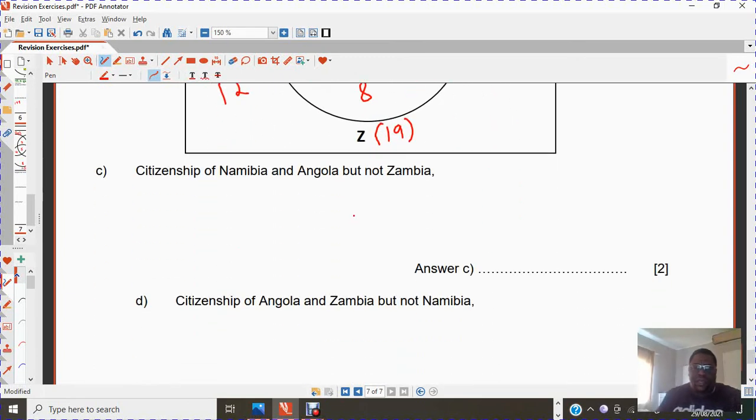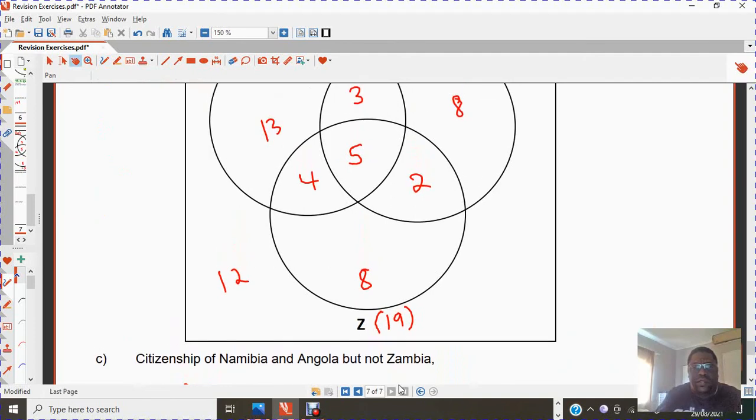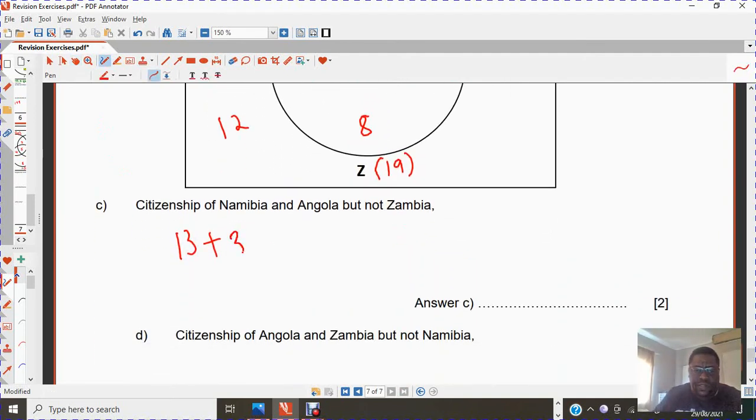I hope that you have the idea. Again, if you add all these, you're going to get 24 as an answer. You have got 13 plus 11, so that's going to be 24 as an answer.